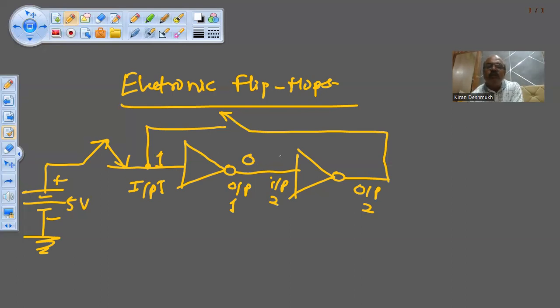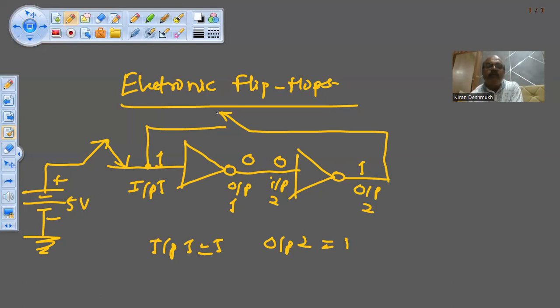So the input to the second inverter gate will be 0. Whenever the input to the inverter gate is 0, its output will be 1. So when input 1 is 1, output 2 is also 1.